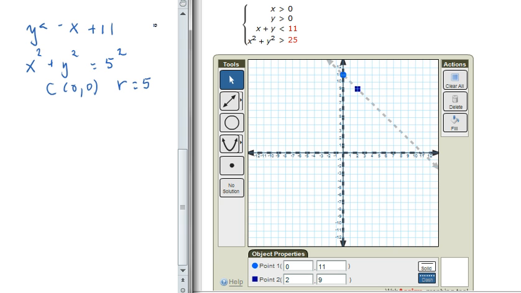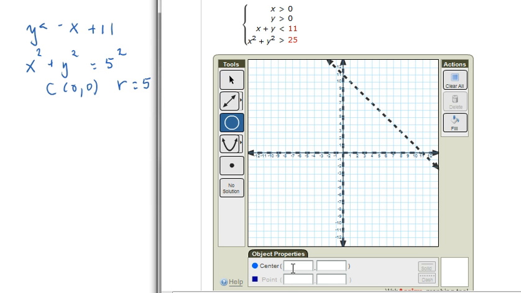Because of the greater than 25, it's everything outside of that circle. And so we go to the circle tool, put in 0, 0 for the center, and maybe 0, 5 for one of the points on the circle.